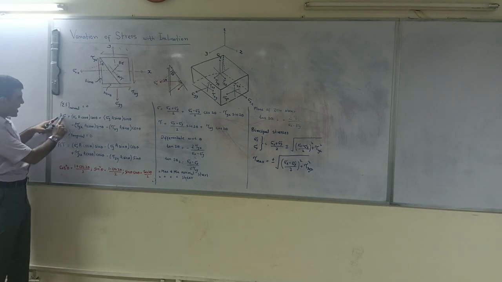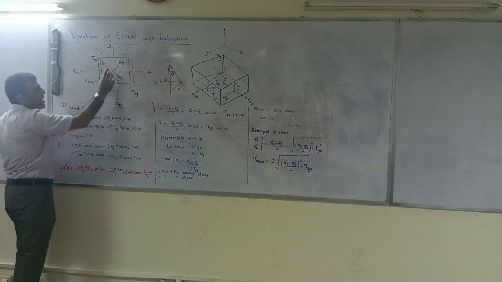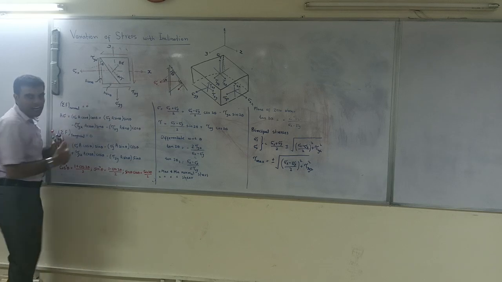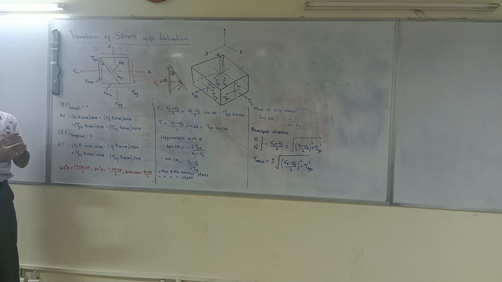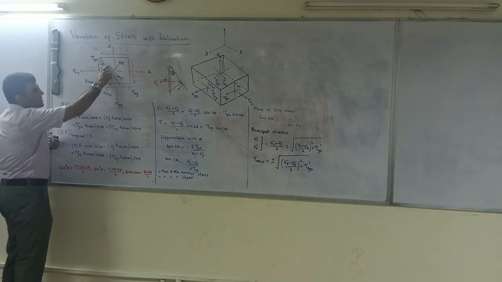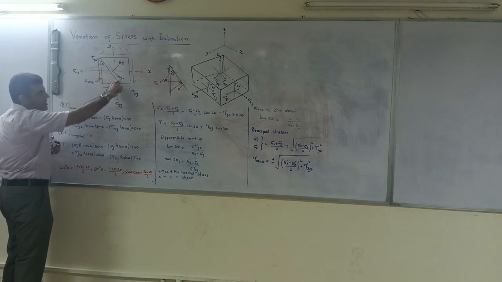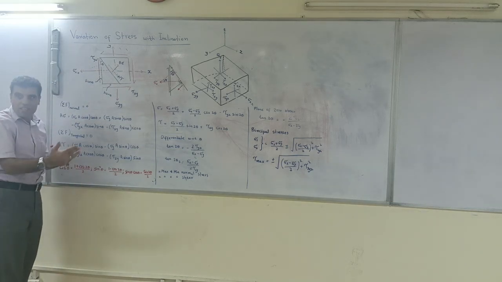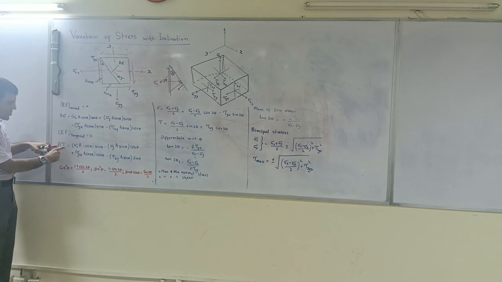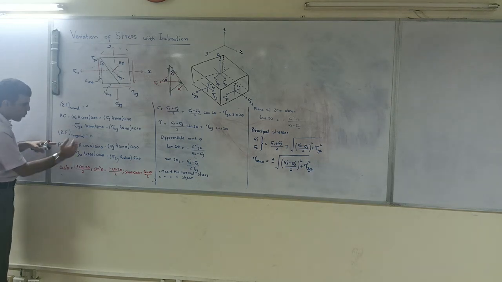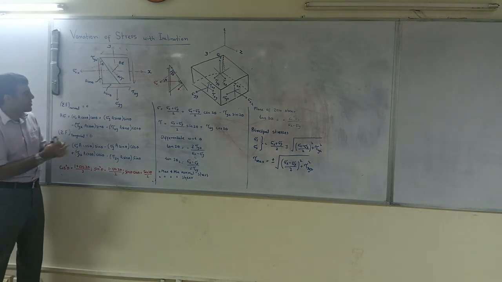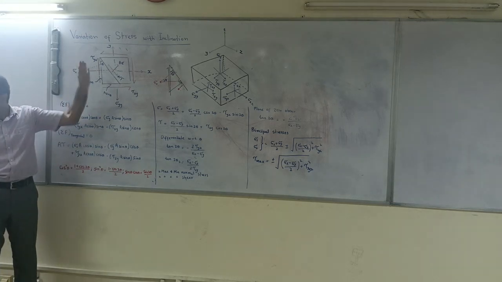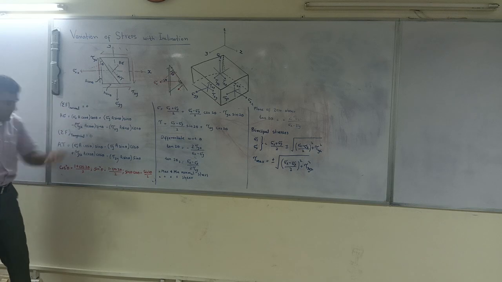If this is a stress which is facing in this direction, your right hand side must be facing in the opposite direction, to equilibrate each other. Similarly, if you have the shear facing in this direction, so it is facing downhill on the left hand side, whatever stresses are facing uphill, they are positive. Yes, so that is your equilibrium.